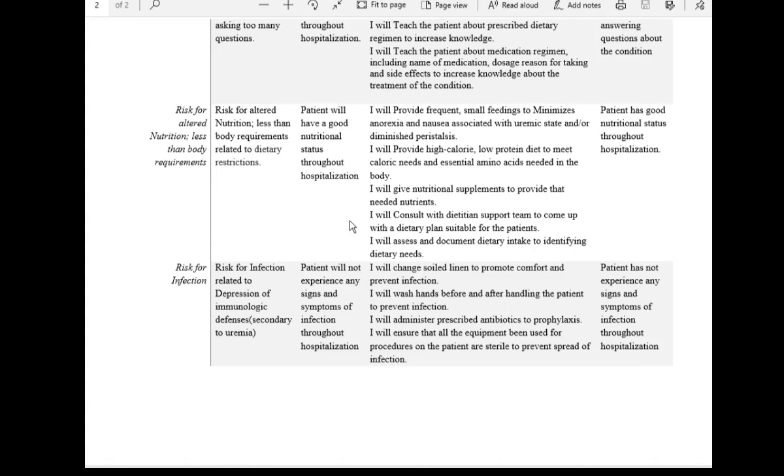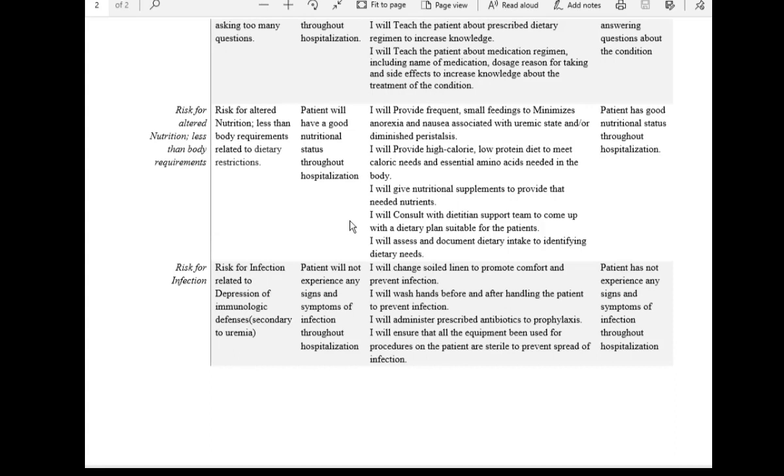Second one, I will provide high calorie, low protein diet to meet caloric needs and essential amino acids needed in the body. So you find that in our patient, we cannot give foods that are high in proteins, because when the proteins break down into amino acids, there will be waste products produced, and those waste products will go in the body and increase the uremic levels, the toxin levels in the blood.